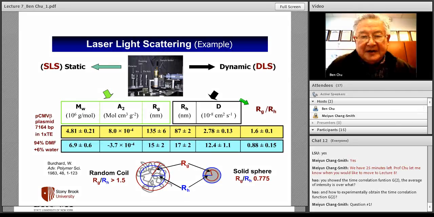The scattering power is roughly 1 part in 100,000. But these days with the lasers and so forth, one can go to fairly low concentrations. How low you can go depends upon the laser that you use, the efficiency, and many other things that will come in.